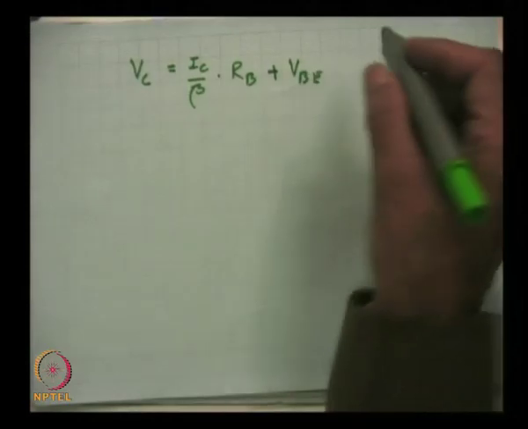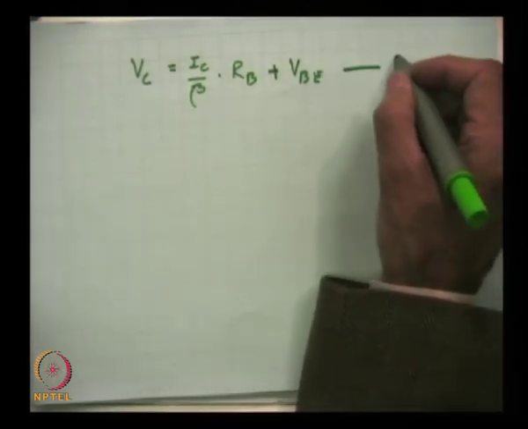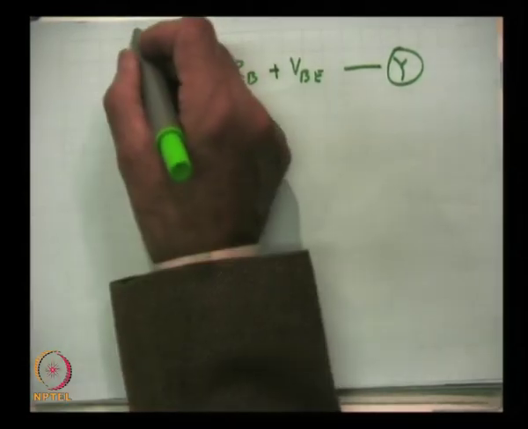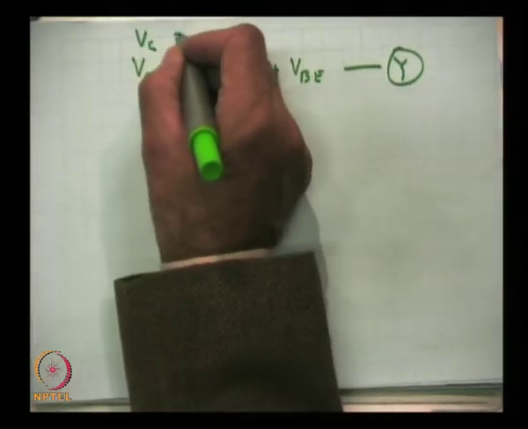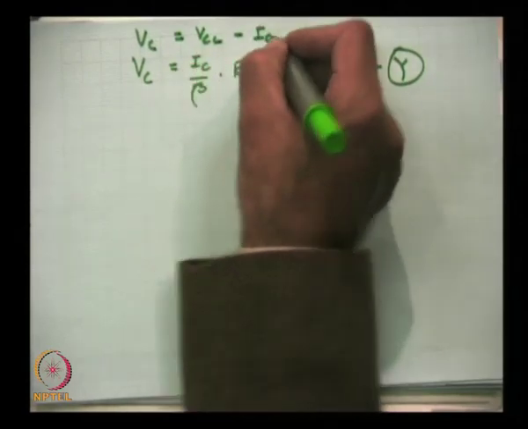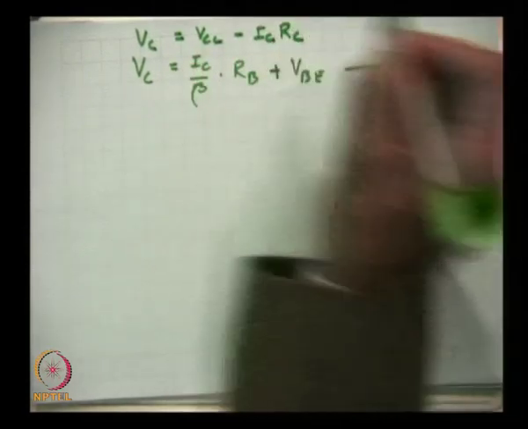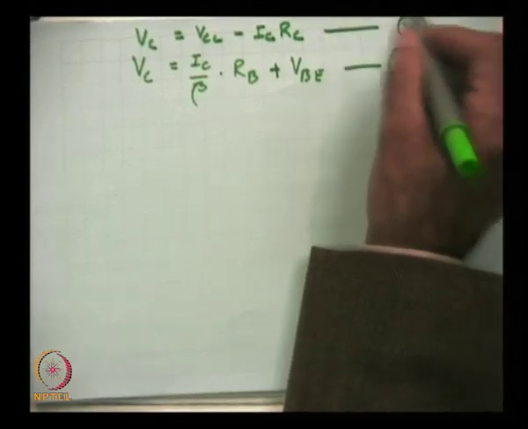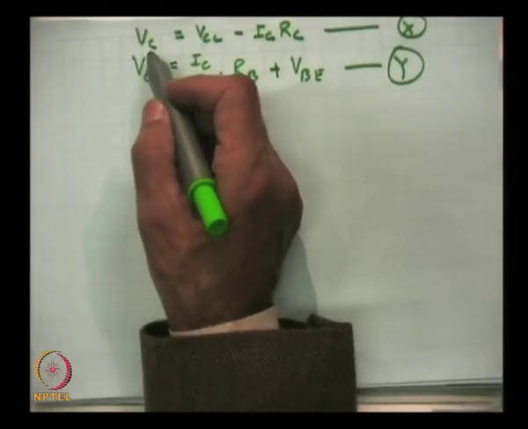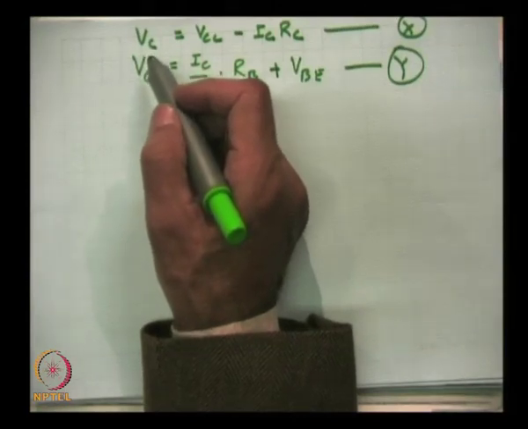This is one equation, let us call it Y, and earlier we obtained an equation Vc equal to Vcc minus IC RC. Let us call this X, and we can eliminate this Vc, because Vc is not known, it is an unknown quantity.